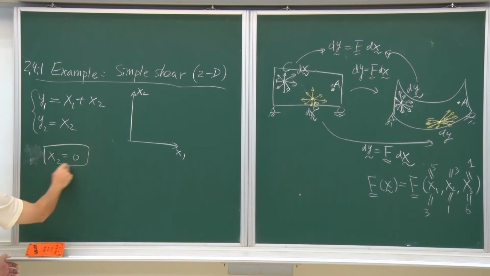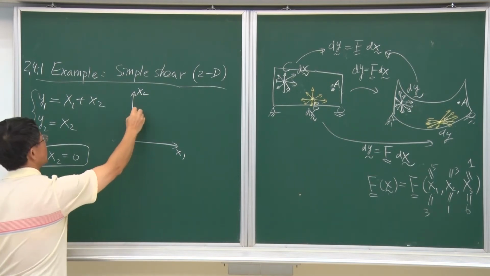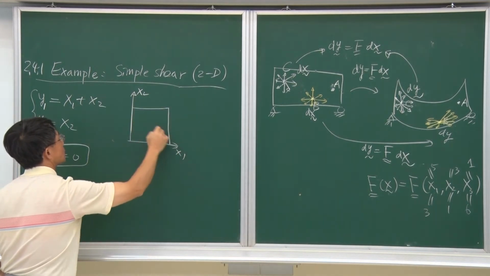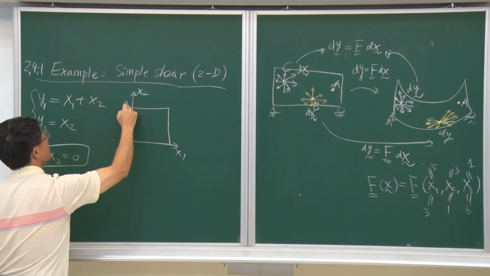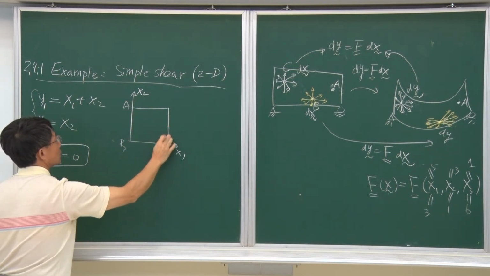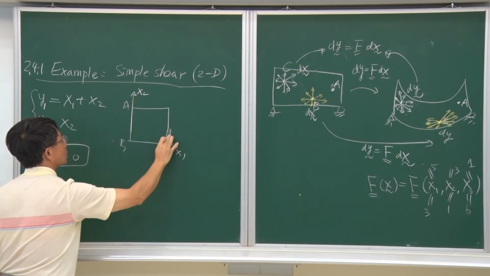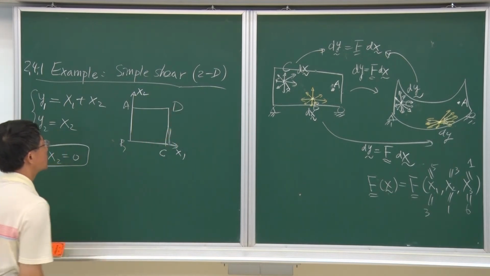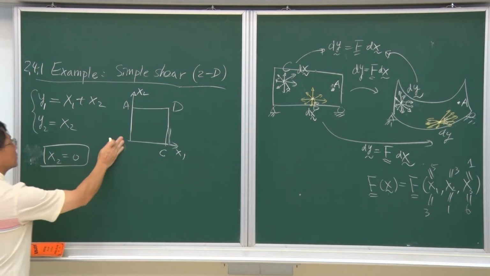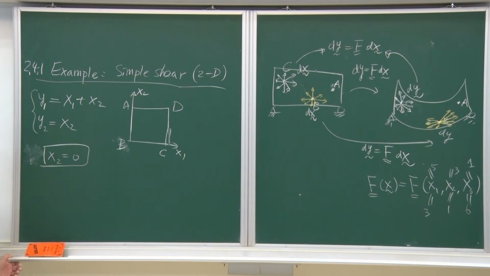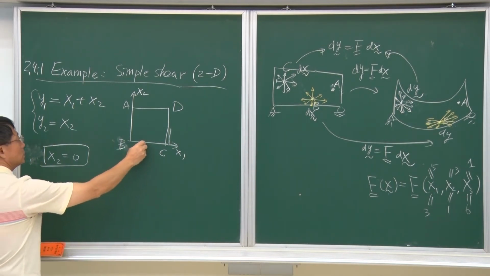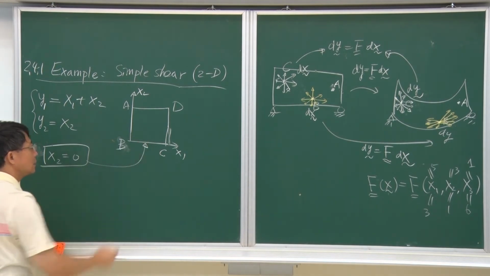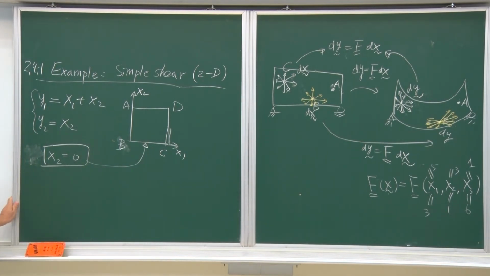For x2 equals 0, what do I mean? If we talk about the line here, x2 equals 0, right? x2 equals 0 is this line BC.